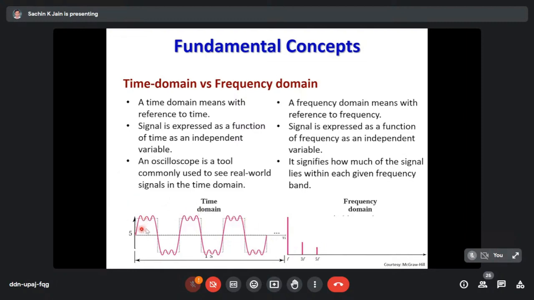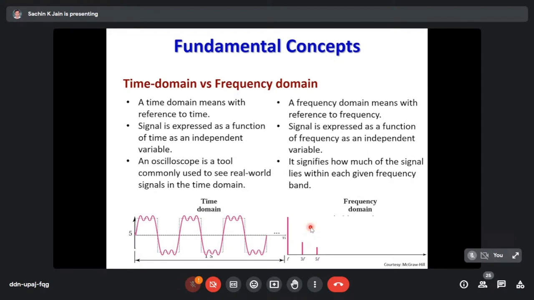So it gives you the instantaneous value and it gives you the constituents, what type of signals are there. Both domains have their own importance and applications, and we should be careful when to use time domain and when to use frequency domain analysis or representation of any signal.